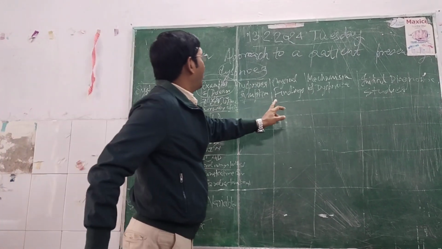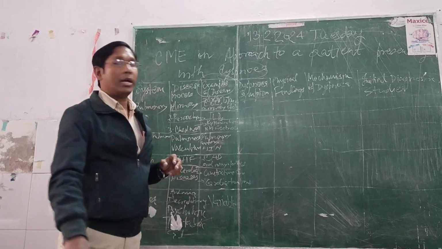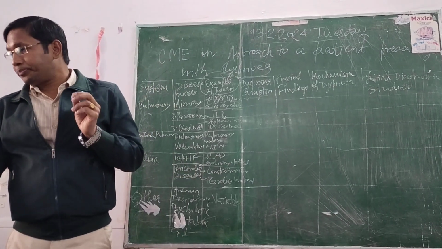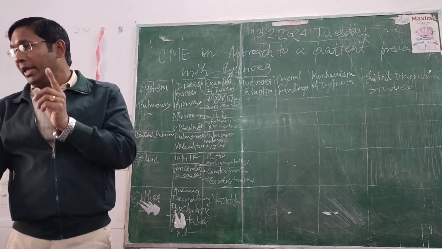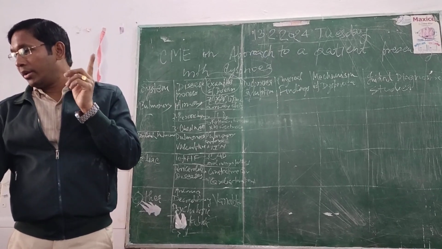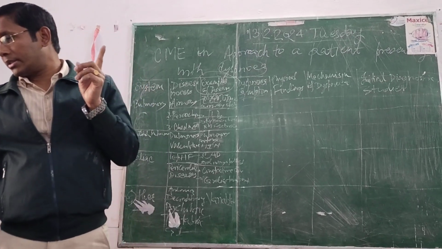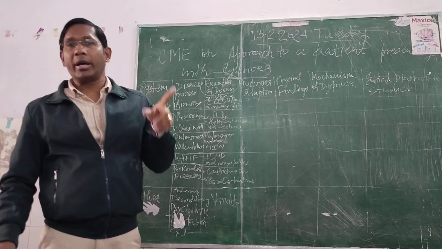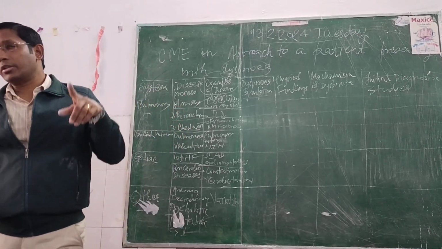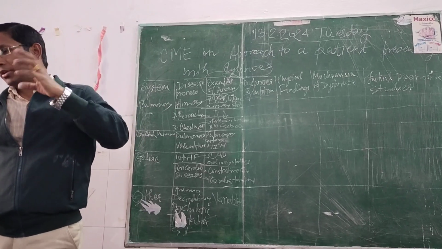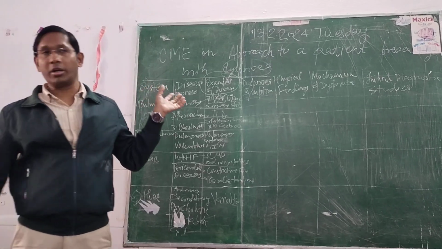And what will be the physical findings in case of ILD? There will be dry and inspiratory crackles. At the end of inspiration, you will find a crackling sound in case of interstitial lung disease.